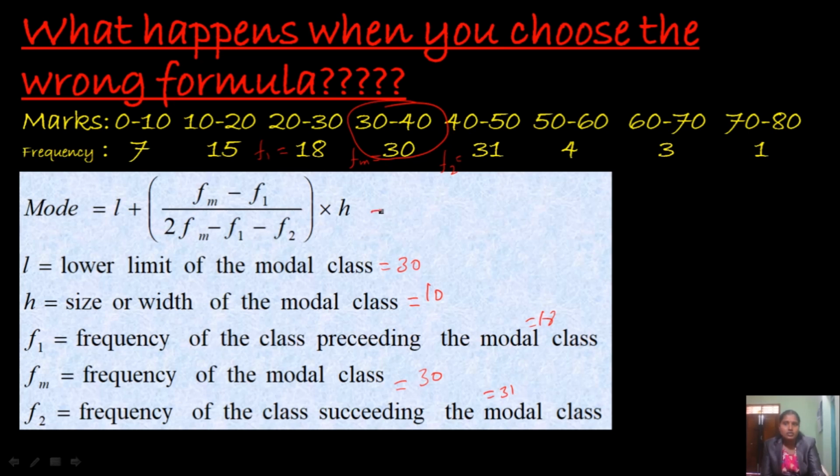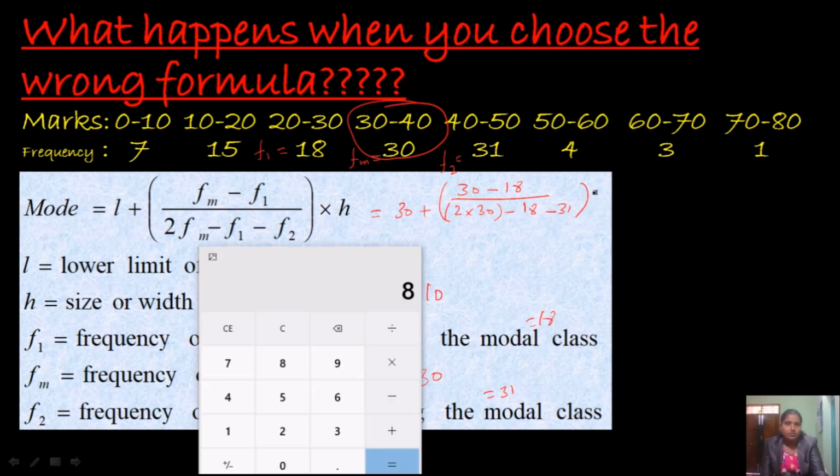So mode is equal to L, lower limit 30, plus Fm minus F1, 30 minus 18, over 2 Fm minus F1 minus F2, 2 into 30 minus 18 minus 31, into H, the width of the class interval, 10.